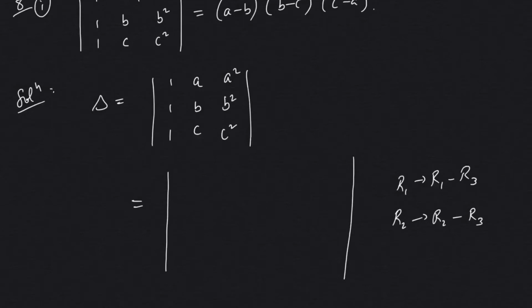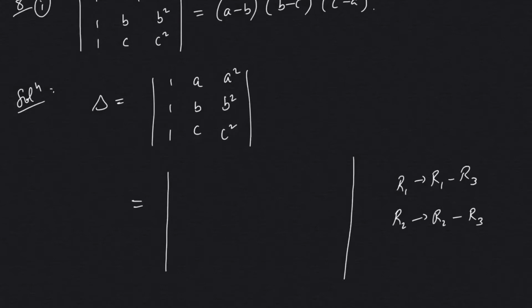Now here what I've done is I'm using transformation of matrices, that is elementary operations on matrices, on determinants also. I've done a video on the elementary operations of matrices, so please go through those videos also. In those videos we have studied that we can apply these operations on determinants.